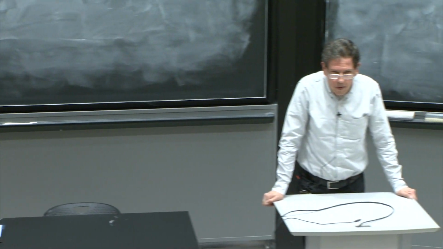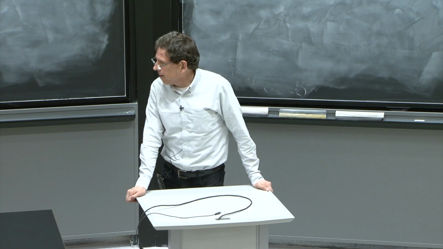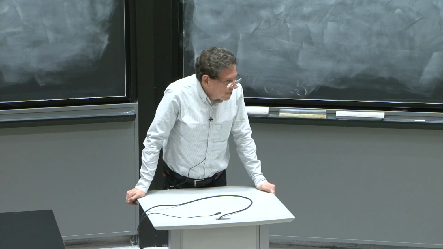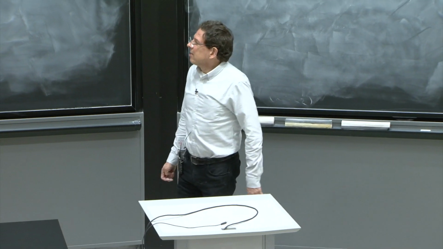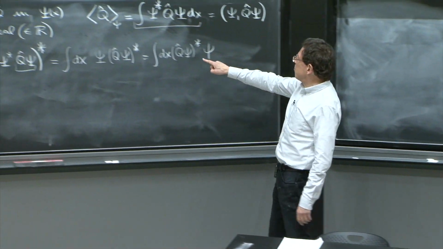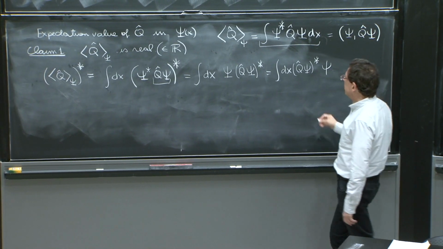They told me to complex conjugate this, so I complex conjugated it, and I'm still not there. But I haven't used that this operator is Hermitian. So because the operator is Hermitian, now you can move the Q from this first input to the second one.